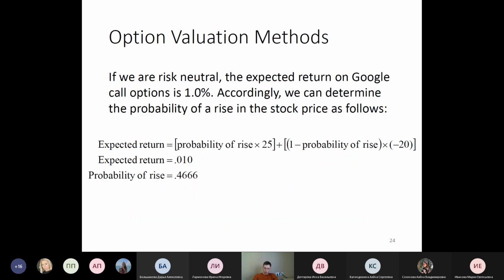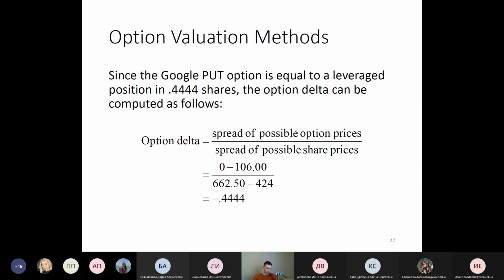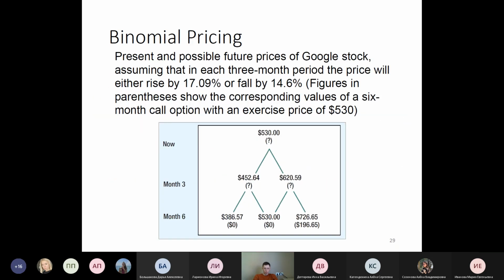And here there were two main principles that we discussed, two main tools. The first one was the binomial pricing model, and the second one was the Black-Scholes pricing model.